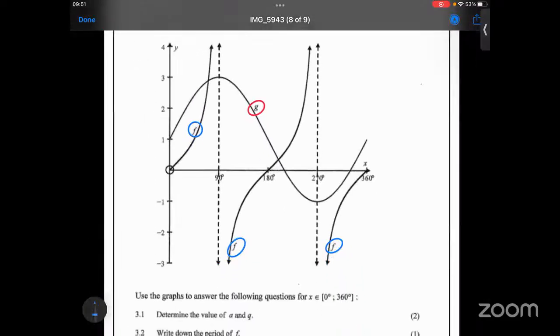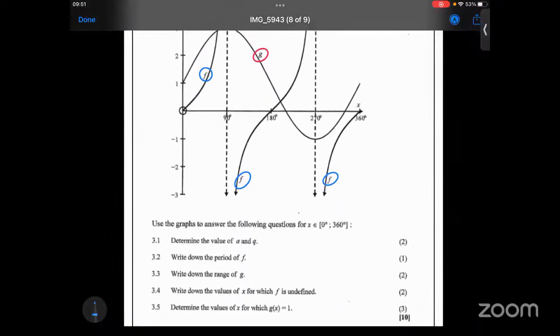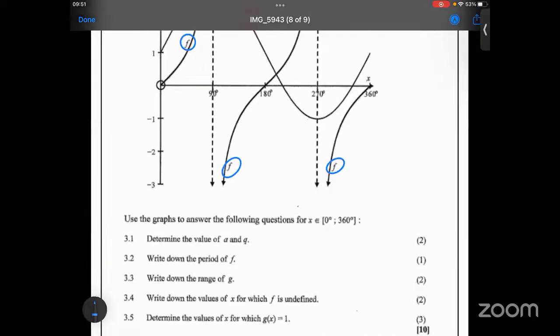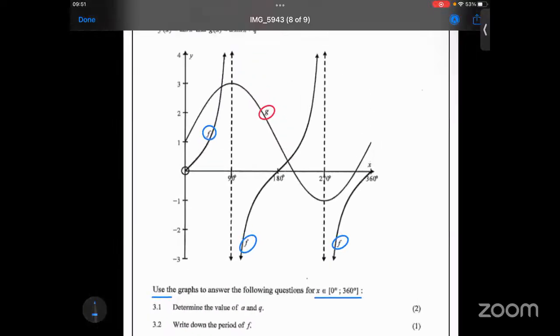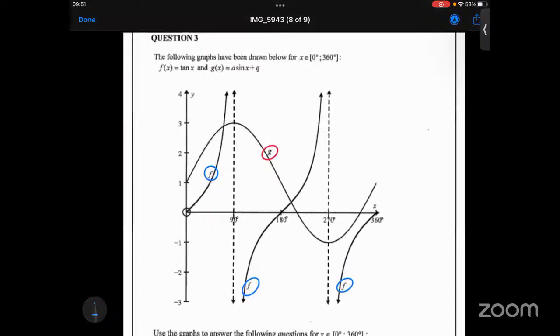Let's see if we can answer this question. They want you to use the graphs to answer the following questions for that same interval where they drew from 0 degrees to 360 degrees.